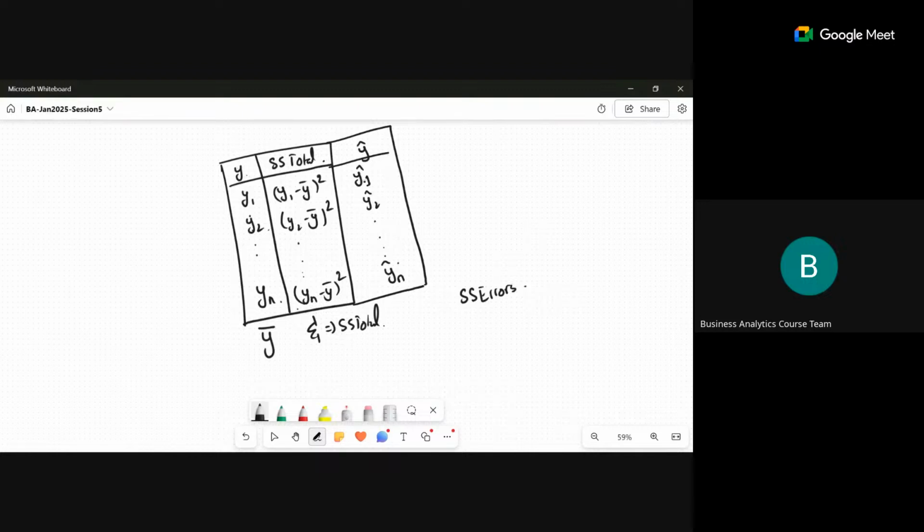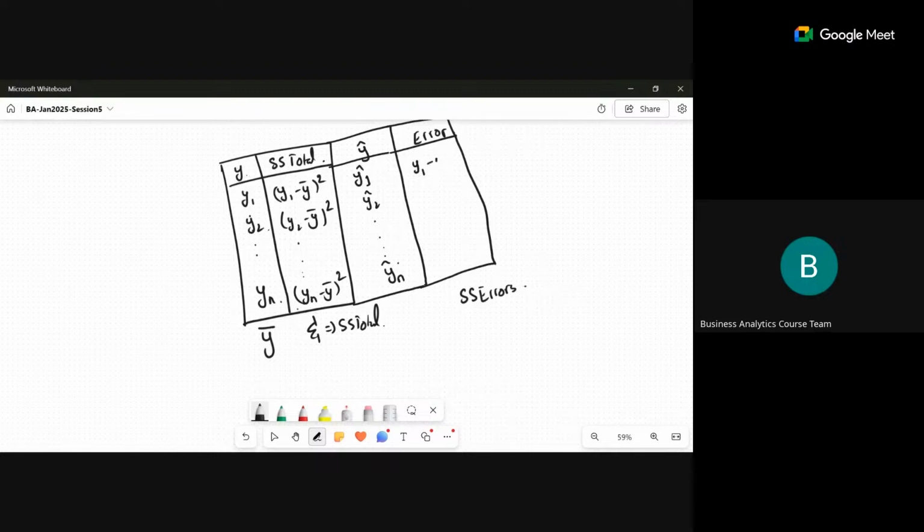What is the error at this point between Y1 and Y1 hat? How do you calculate error? Y1 hat minus Y1 whole square? No, it is always actual minus prediction.